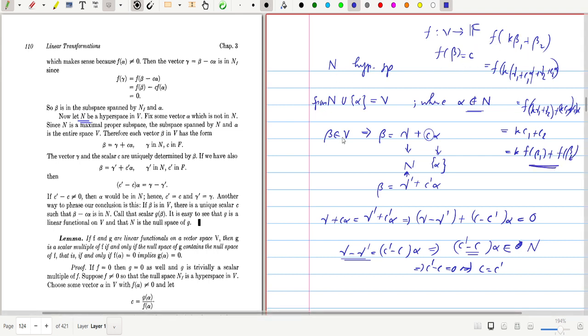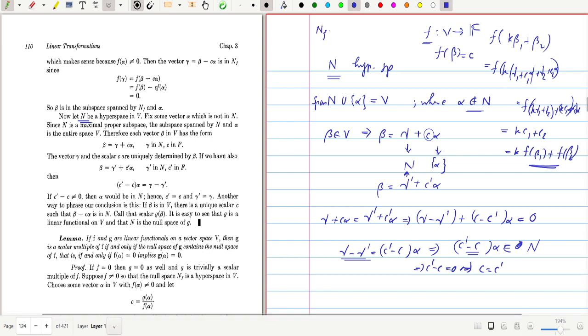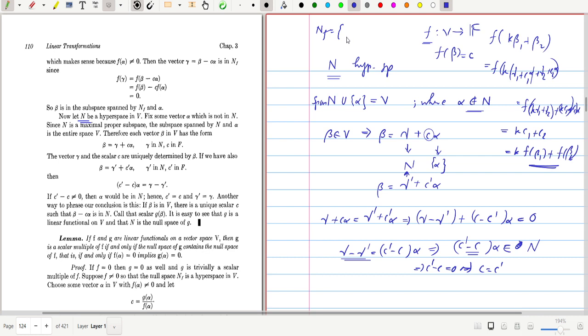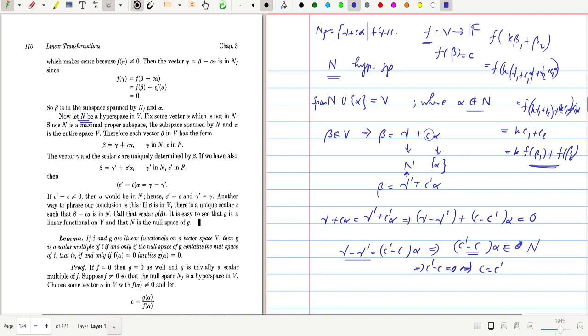So corresponding to any hyperspace N, there exists f such that f of gamma is equal to 0 for gamma in N. We define this f in this manner. Now what is the null space of this? Null space of f is defined as the set of all elements of V, I'll write it as gamma plus C alpha, such that f of gamma plus C alpha is equal to 0.